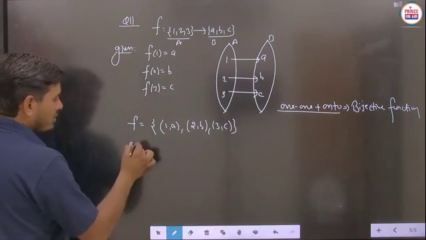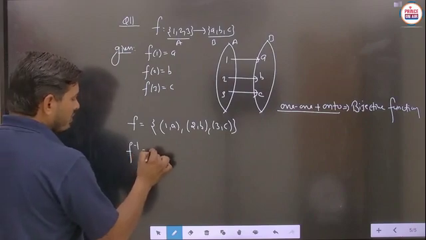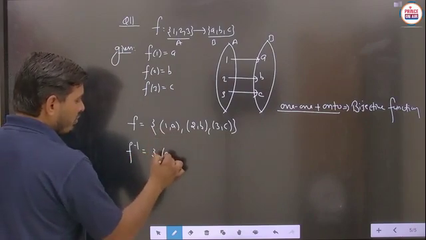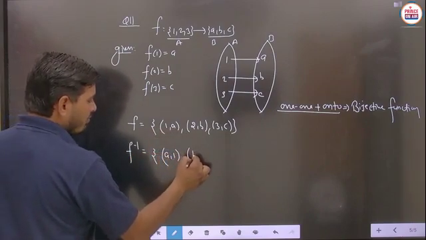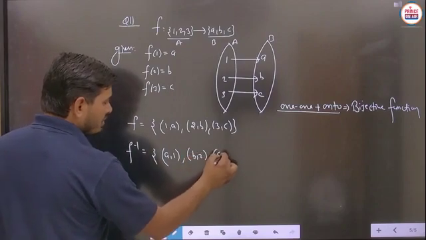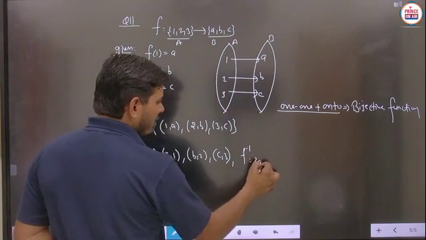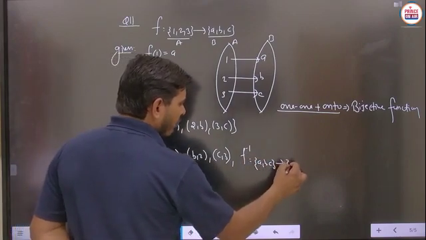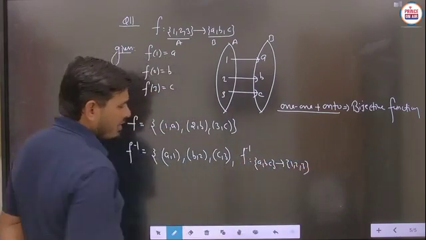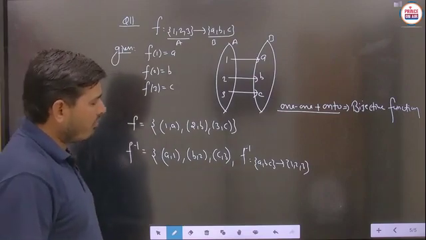Now you can write f inverse. We just revert the ordered pairs: (a, 1), (b, 2) and (c, 3), and this f inverse is defined from {a, b, c} to {1, 2, 3}. Is it clear?